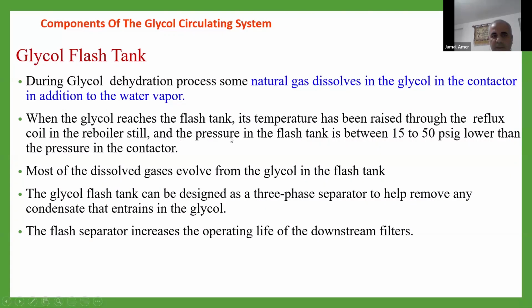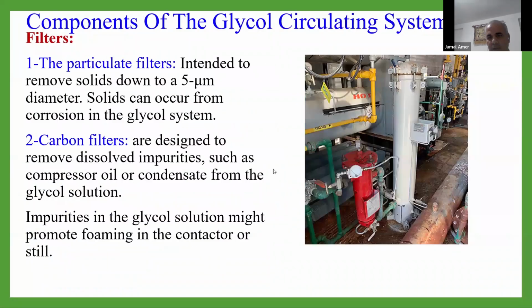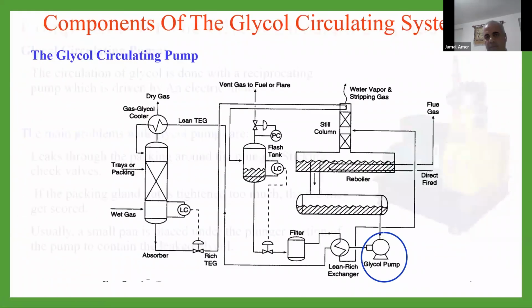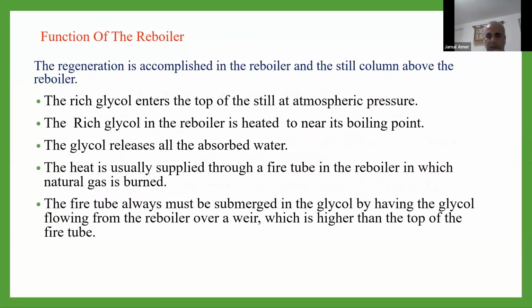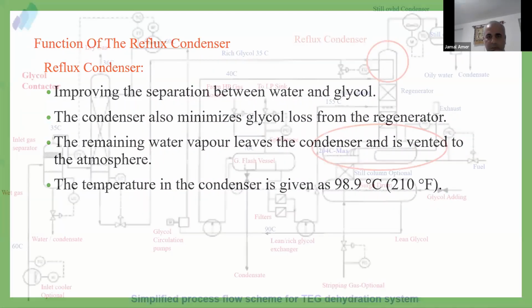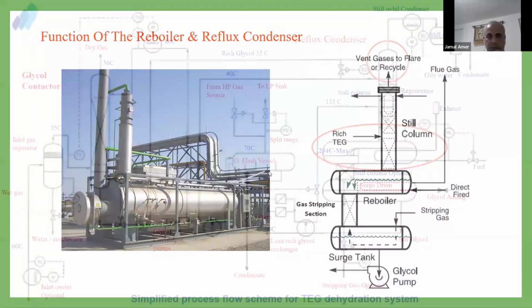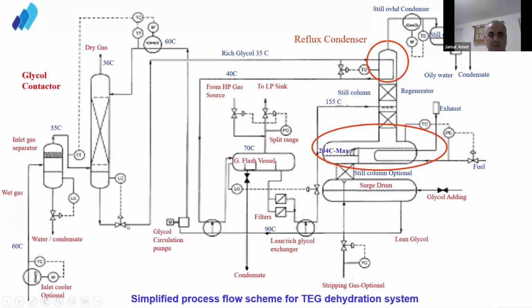Flash tank, as I told, is almost at atmospheric pressure. It could be 1 bar, or up to 50 bars. As we see from the drawing, the first equipment for the rich glycol is the flash tank.